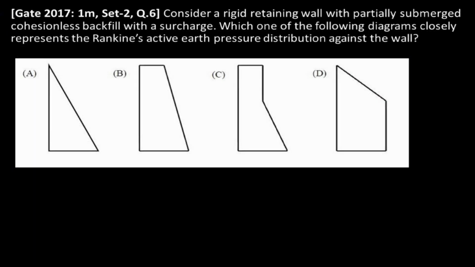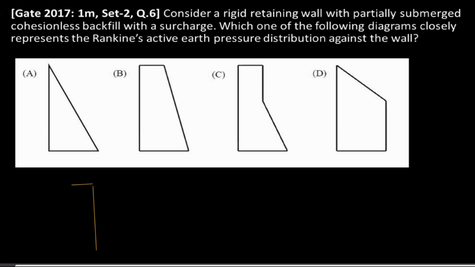In this question, they have asked us to find the diagram which closely represents the Rankine's active earth pressure distribution against the wall, where they have given the rigid retaining wall with partially submerged cohesionless backfill with the surcharge. So we'll draw the rigid retaining wall.